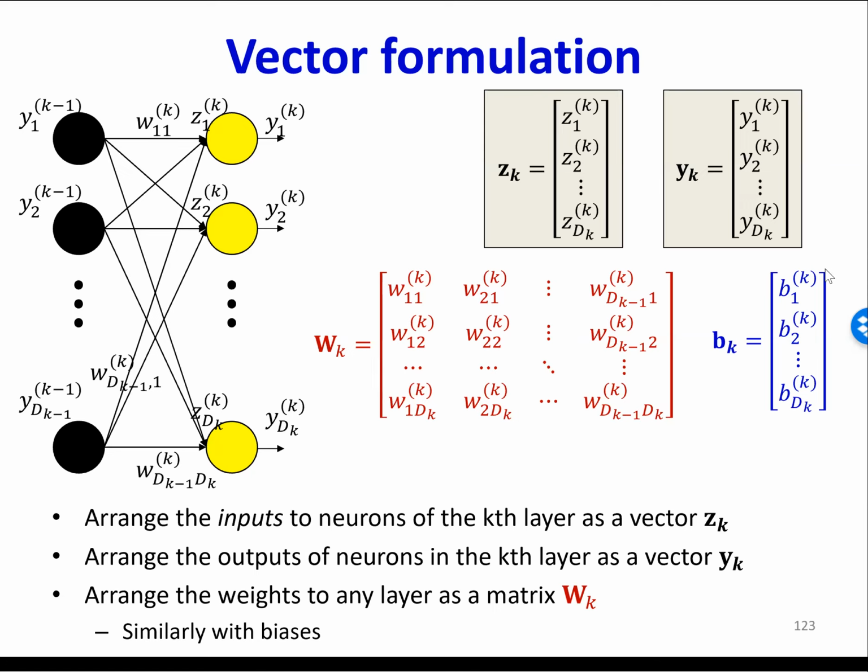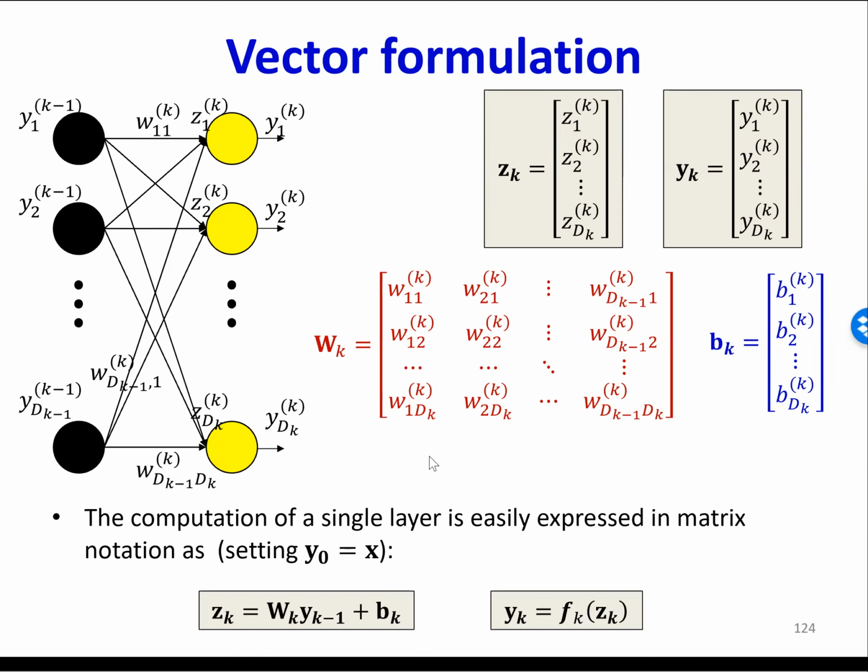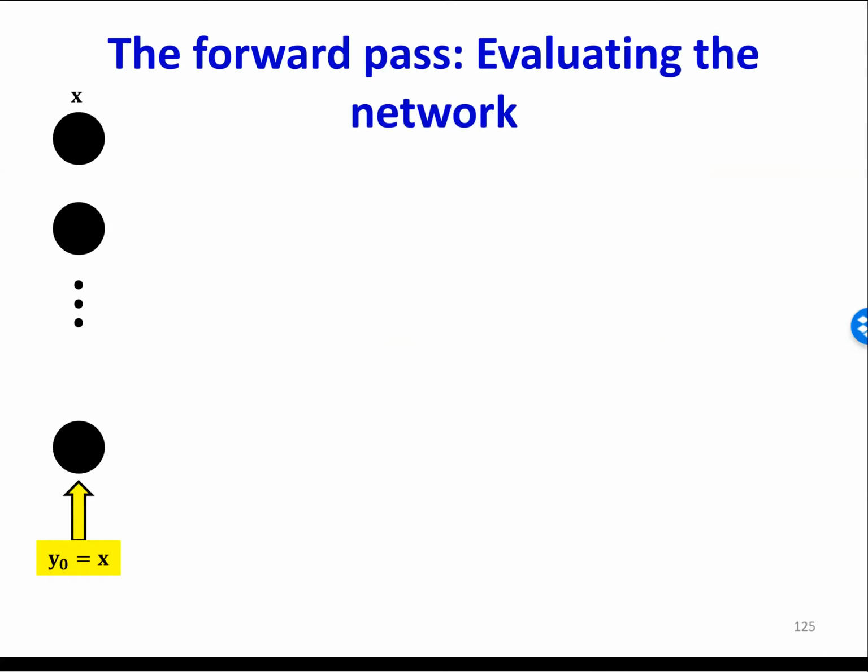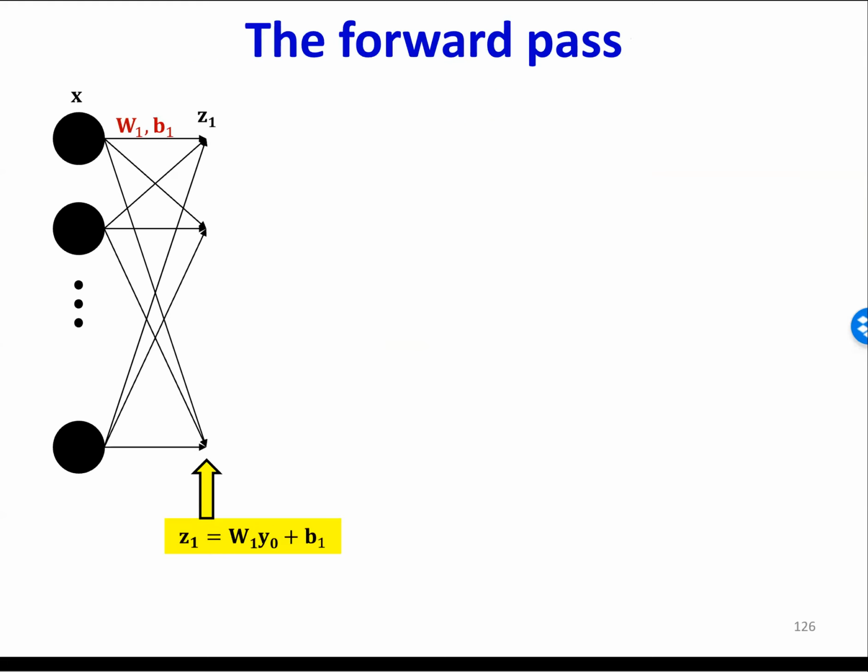We can arrange the biases as a vector where the first component is the bias to the first neuron, the second component is the bias to the second neuron, and so on. Once we write things in this manner, we can just say z_k equals W_k y_{k-1} plus b_k. So it's a very simple affine function. And then, of course, the output of the kth layer is simply the activation of the kth layer applied to z_k.